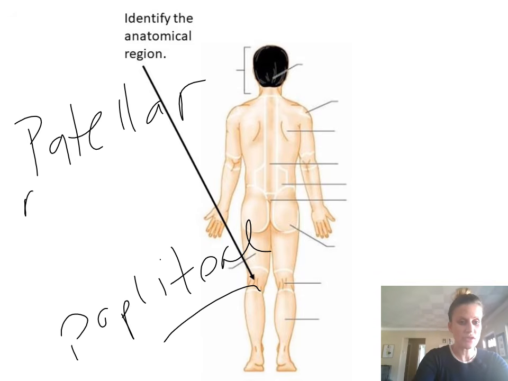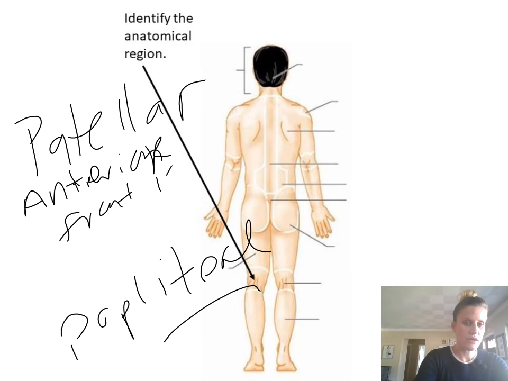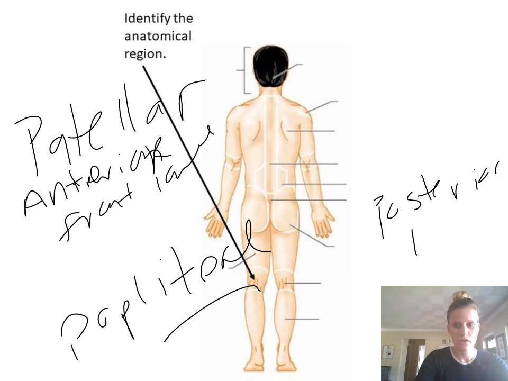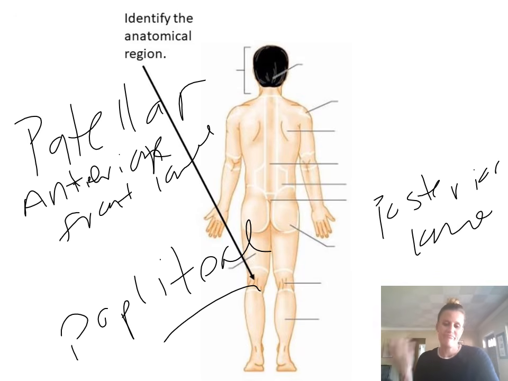You can also say the anterior knee or front of the knee, and then back here, the back of the knee or posterior knee. For some reason, the new edition of the book has kind of gone to these more basic descriptions instead of patellar and popliteal.